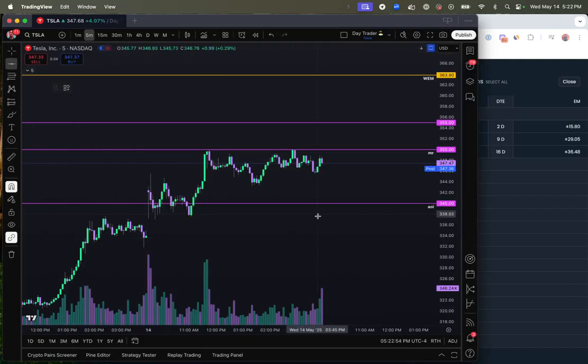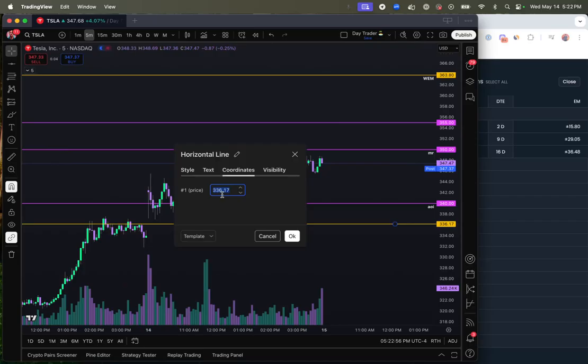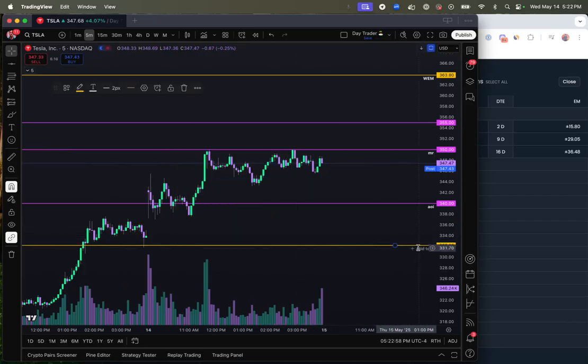That's what's left in Tesla for the week. And what I like to do is say plus or minus 15.80, so I know that from the current price, we have about a $15.80 move to the upside and to the downside.